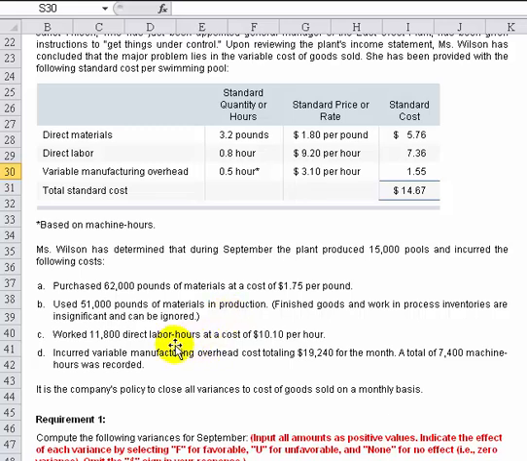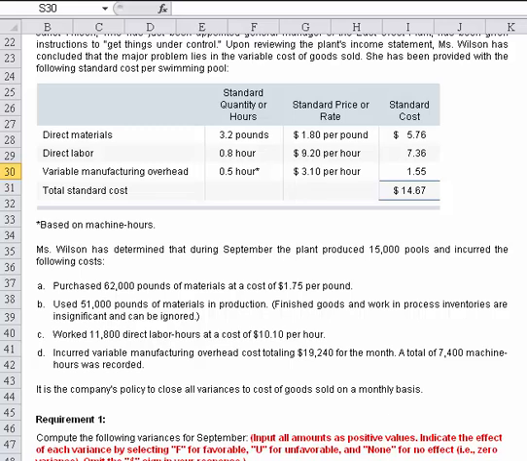Worked 11,800 direct labor hours at a cost of $10.10 per hour, and incurred variable manufacturing costs totaling $19,240 for the month, and a total of 7,400 machine hours were recorded. It's the company's policy to close all variances to cost of goods sold on a monthly basis.